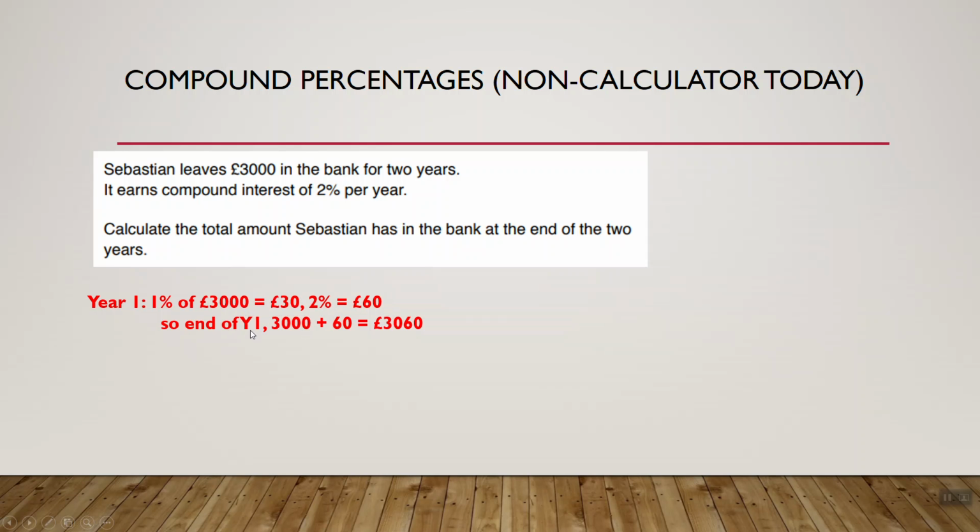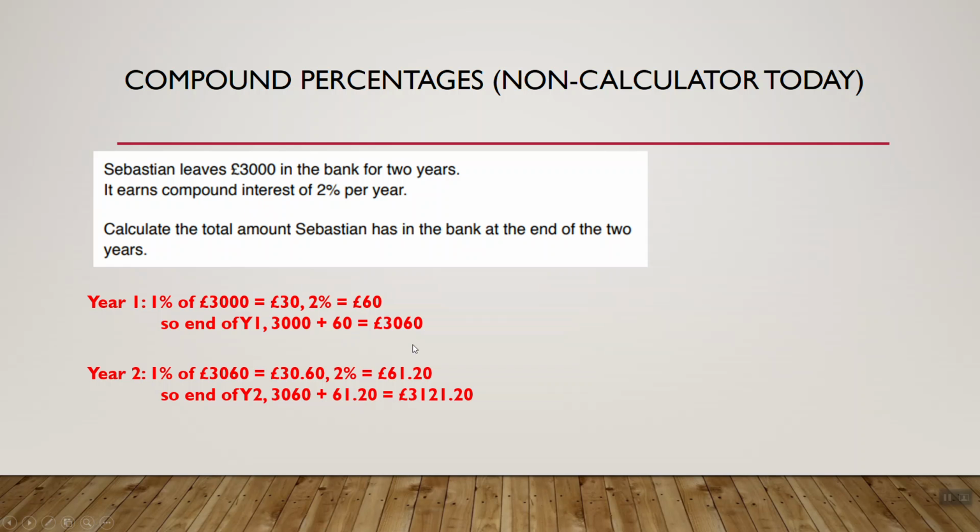So at the end of the first year, he's got the £3,000 that went in at the start of the year, plus he's earned £60 interest. So at the end of the first year, in his bank account is £3,060.